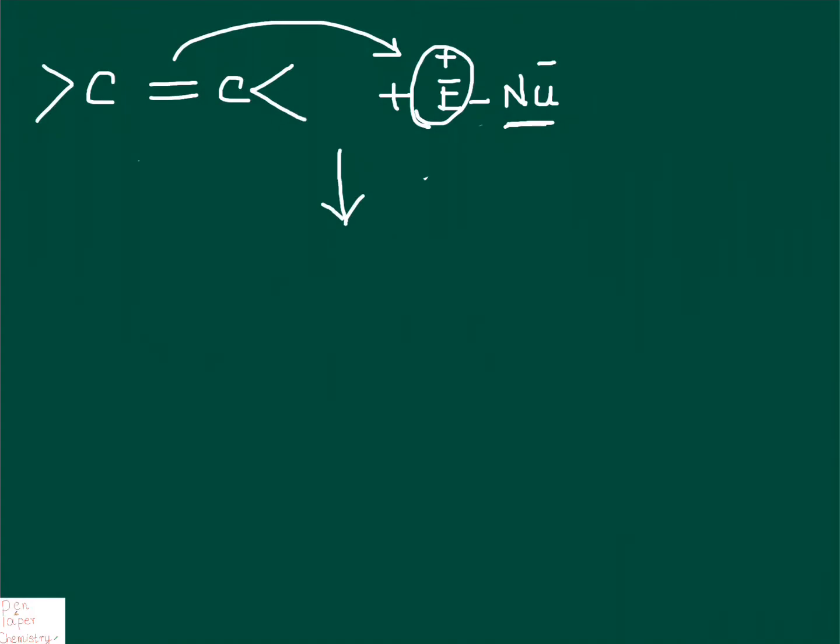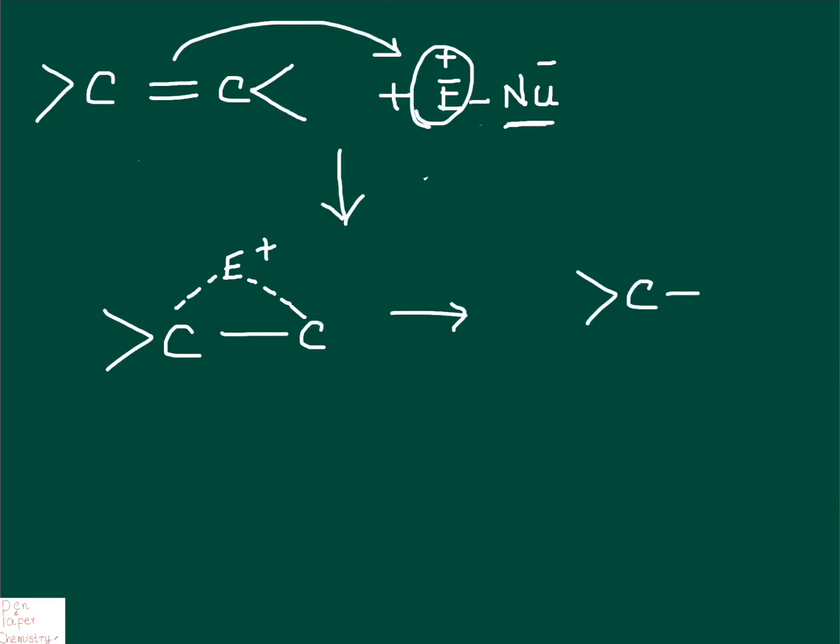So what happens over here is, the pi electron cloud gets attached to the electrophile. So E positive bonds with the carbon atom. We show it as carbon, carbon here, and E positive becomes attached over here, or we will have carbon, carbon, E positive attached at the second carbon.